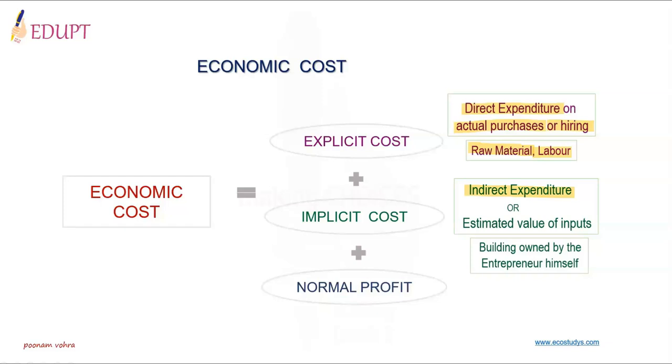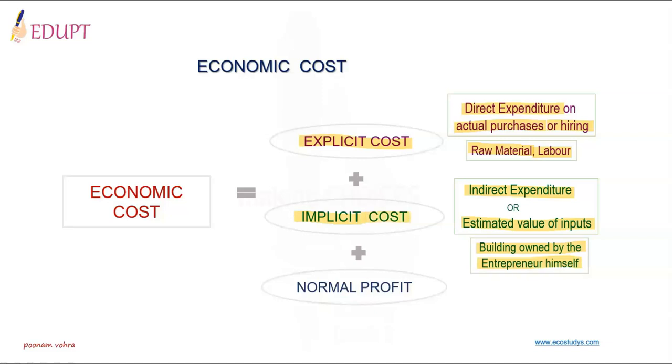Indirect expenditure include the estimated value of inputs. That is, if any building is owned by the entrepreneur himself, the rent which is paid to himself, that is imputed rent, is considered as indirect expenditure. Direct expenditures are also called explicit cost, whereas indirect expenditure is also termed as implicit cost.